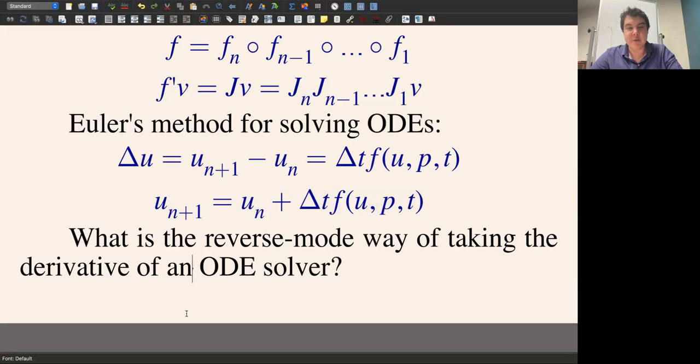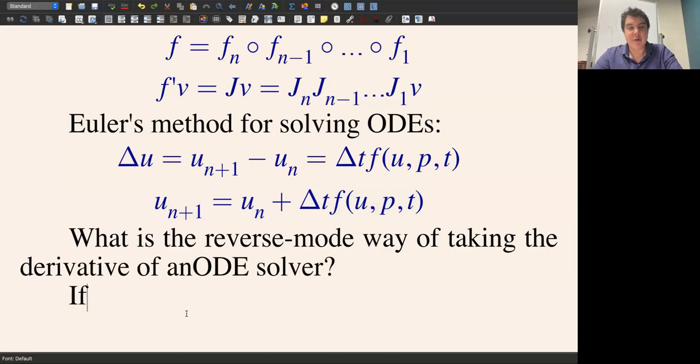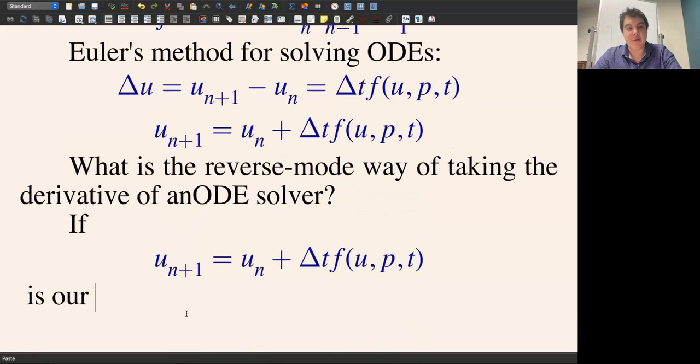This actually gives you this. If this is our ODE solver, then the way that we compute forwards is by doing this function.